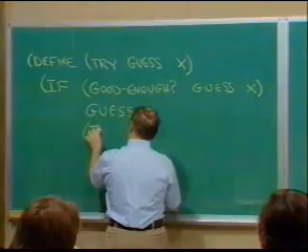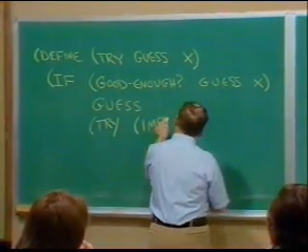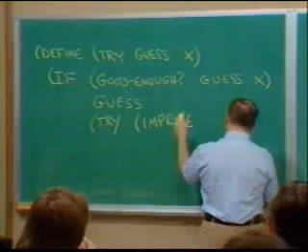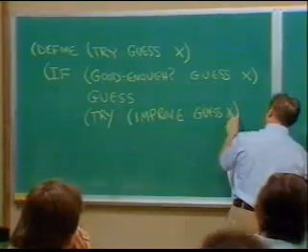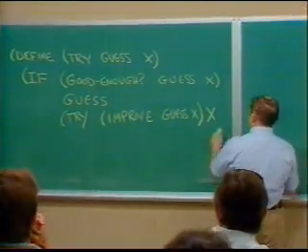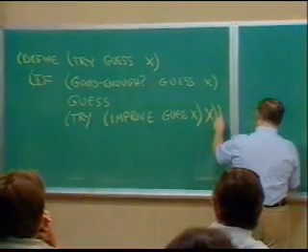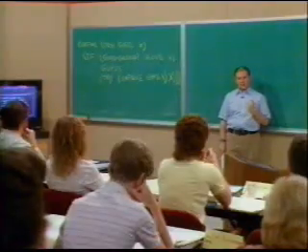Otherwise, we will try the improved guess. We'll improve that guess for the square root of x, and we'll try that as a guess for the square root of x. So close the try, close the if, close the define. So that's how we try a guess.